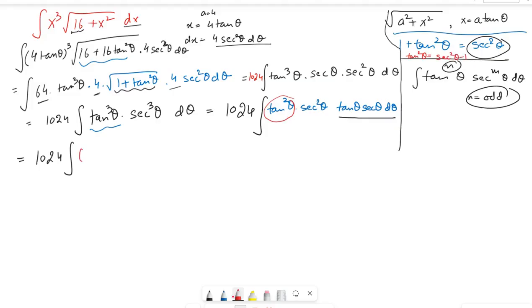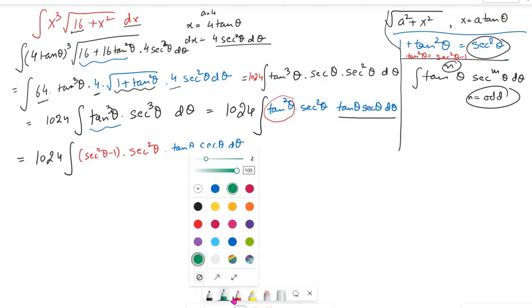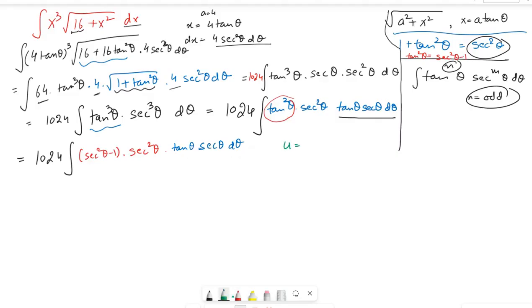Let's do that. Secant square theta minus 1 times secant square theta. We are not going to touch the remaining tangent theta secant theta. The goal here for this integral question is to make a substitution of u. u is secant theta. du is, what is the derivative of secant theta?